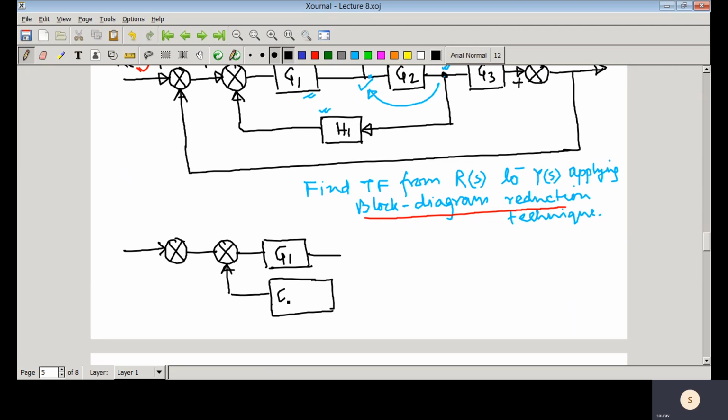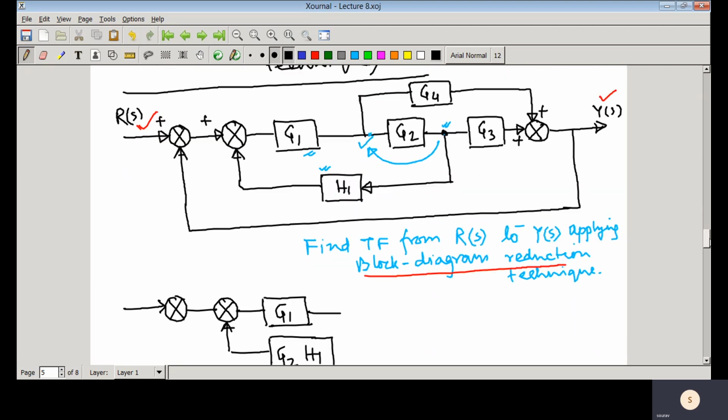So you have G2 into H1. Here you have G2, then G2 into H1, and the tapping point is now here. Then you have G2 as it is.